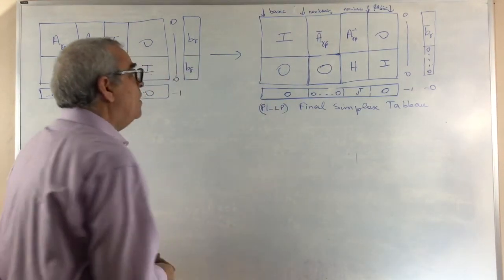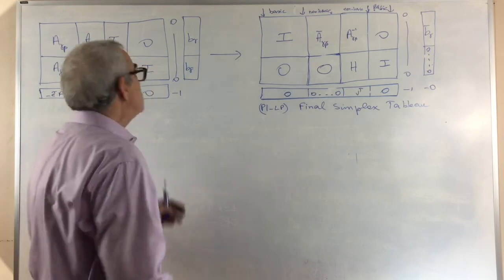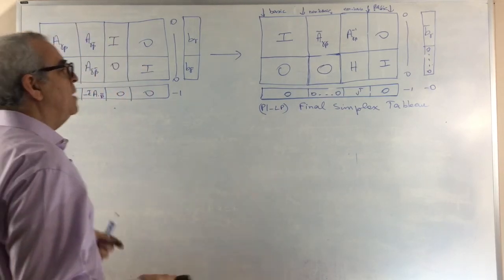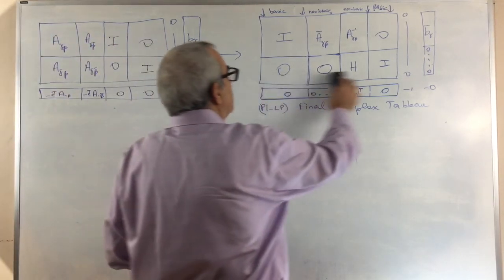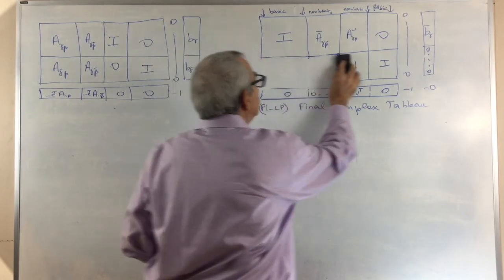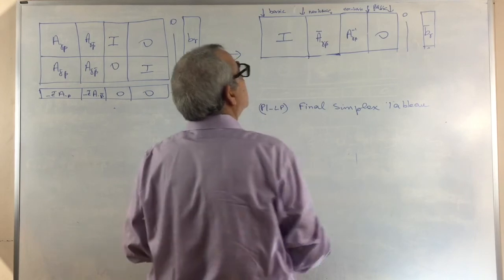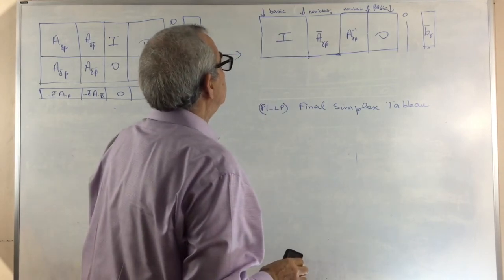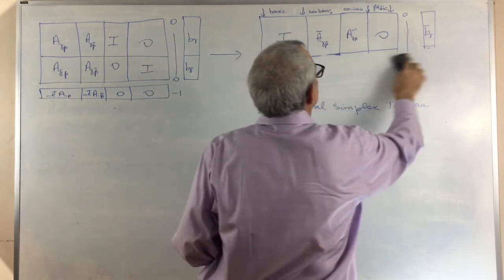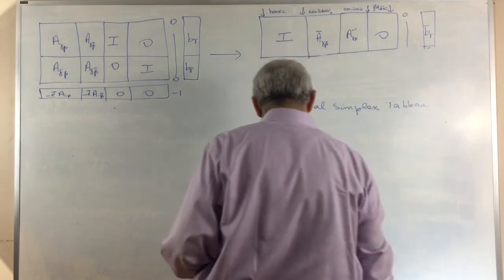Okay. So now we have a simplex tableau for our LP. Why? Because first of all, this is 0x equal to 0. So I don't need this. I don't need this. Okay. And then I am left with just this. Okay.